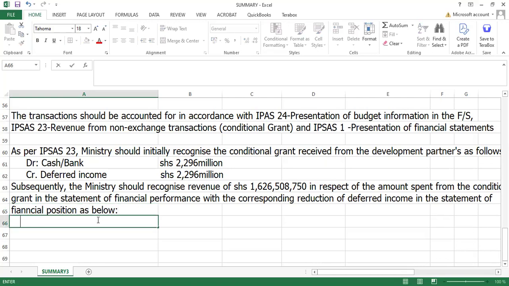The double entry is: you are debiting the liability because you want to reduce the liability. So we are debiting the deferred income, that is your financial liability of that amount of money.